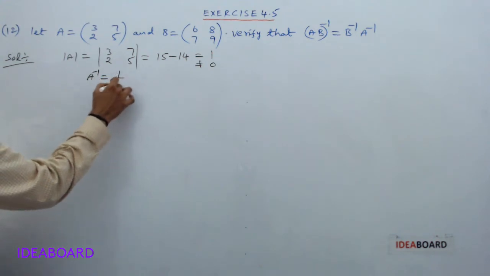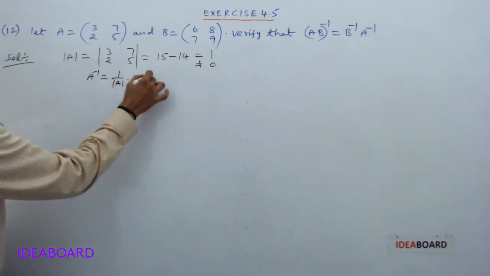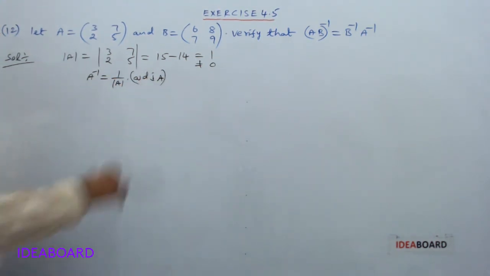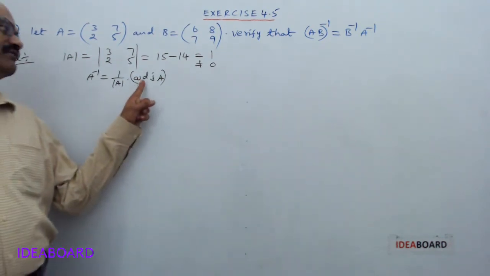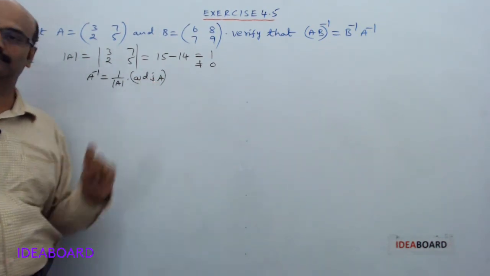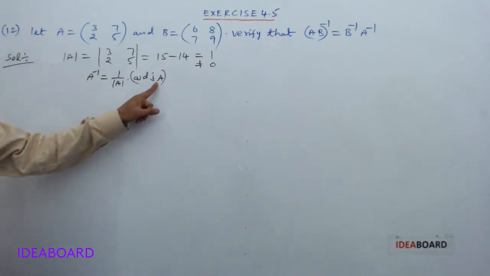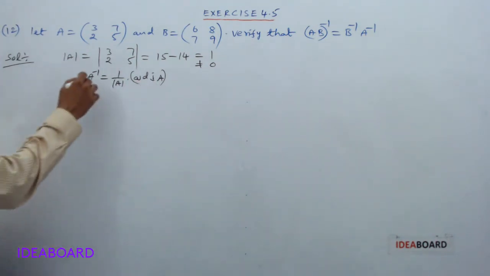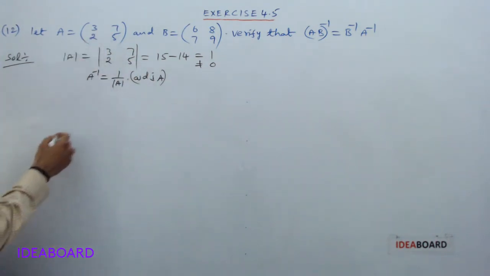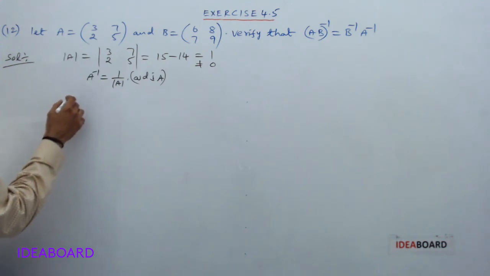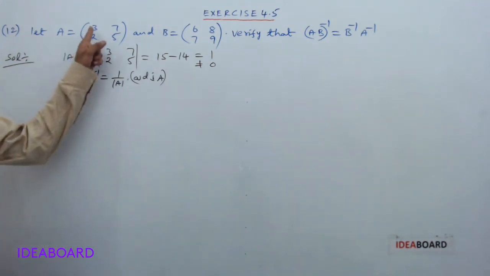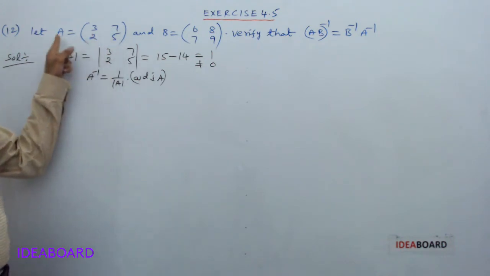A inverse equal to formula 1 by det A into adjoint of A. So here we have to find adjoint of A. To find adjoint of A, we have to find the cofactor matrix of the given matrix A.